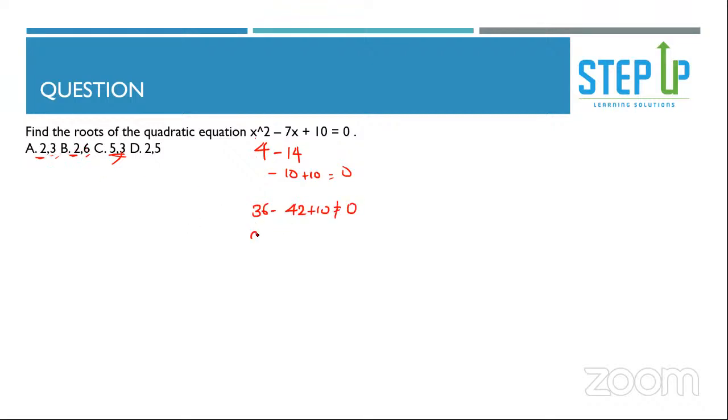Here I check x is equal to 6. Here I'll check x is equal to 3. 9 minus 7 into 9, 63, plus 10. This will also not be equal to 0. Now this option is anyway eliminated because 2 is not there. So let's check it with 5. 5 squared is 25 minus 35 plus 10 is equal to 0. Yes, this is working out. Minus 10 plus 10. Hence the answer is 2, 5.